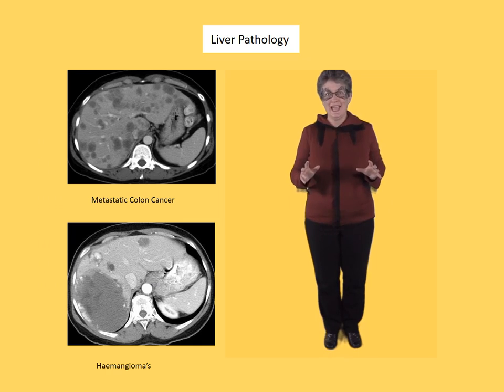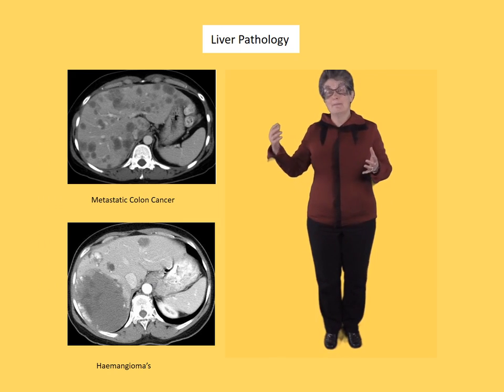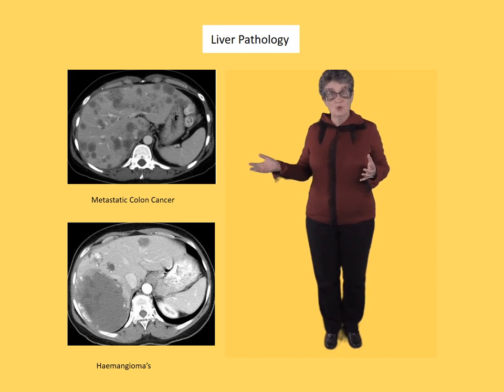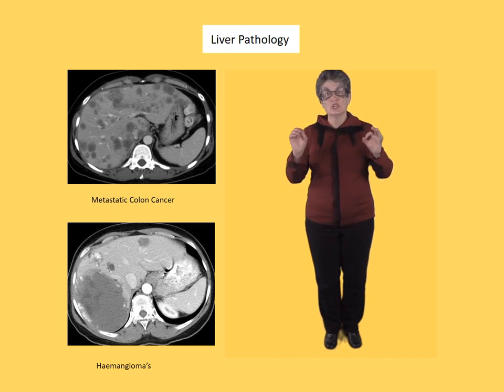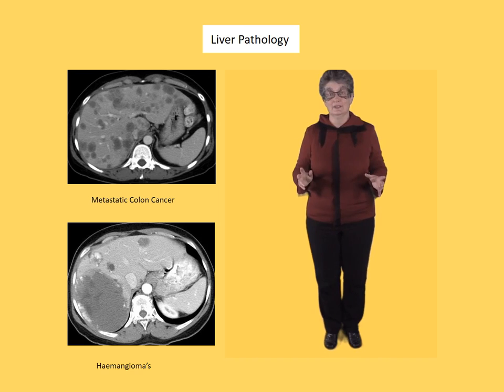Let's change tack now and think about liver tumours. Well, the most common liver tumour is metastatic colon cancer, which we can see here in the picture on the right. Multiple cannonballs, small, round, all through the liver, is characteristic of metastases to the liver.